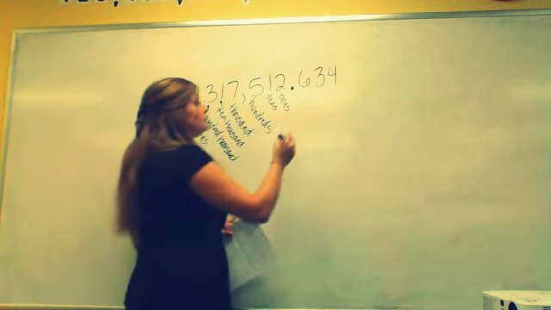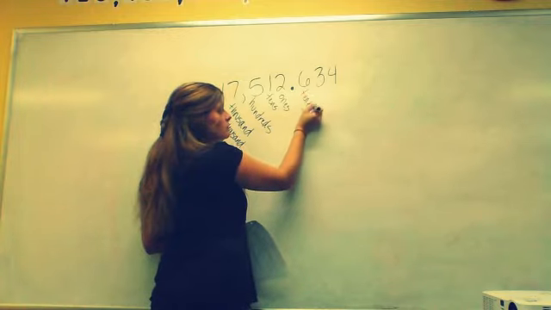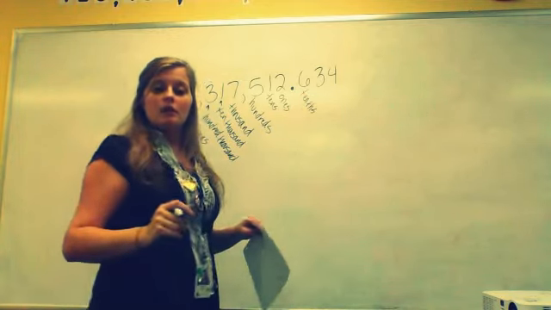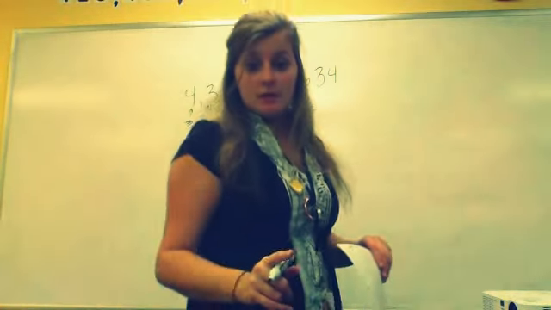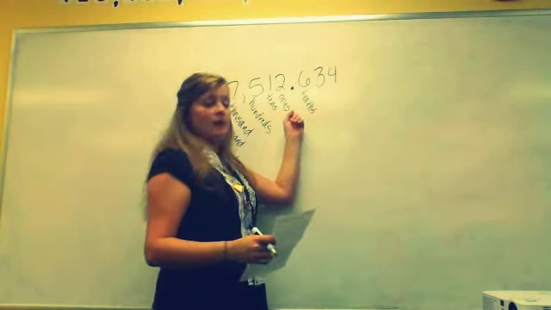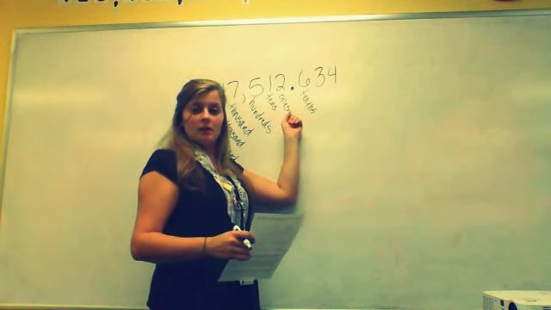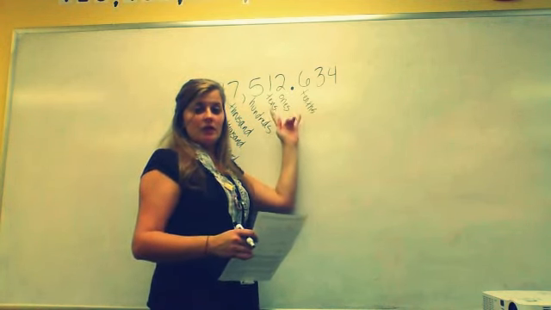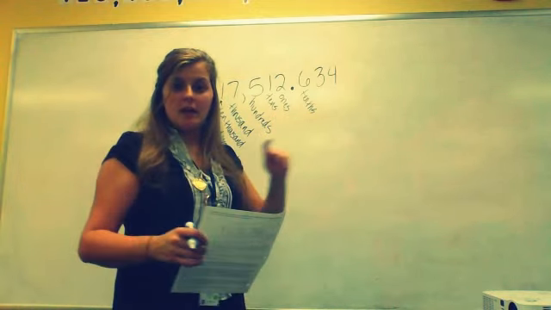Alright? Right here I've got my tenths. Side note, there's only one ones place, right? That hasn't stopped. Okay? So there's ones, and then a decimal, and then it starts tens, hundreds, thousands. Okay? It just keeps going.